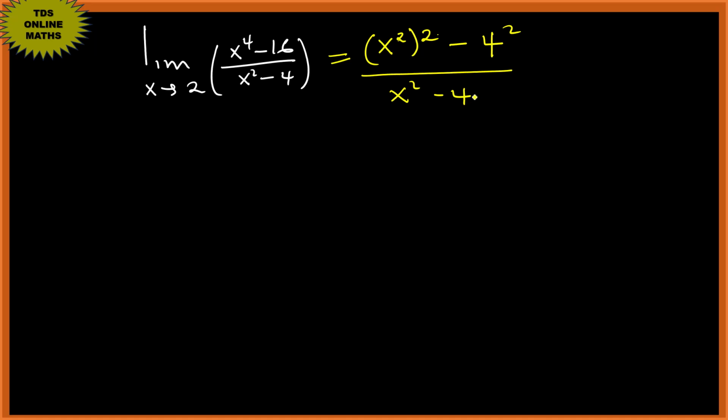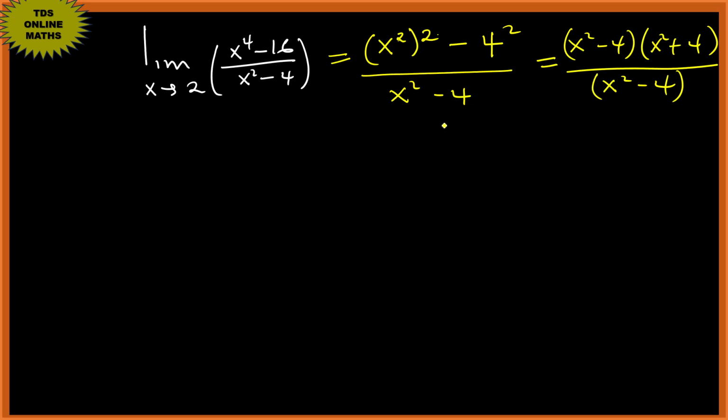All right, so we can say x squared minus 4, x squared plus 4, over x squared minus 4 here.